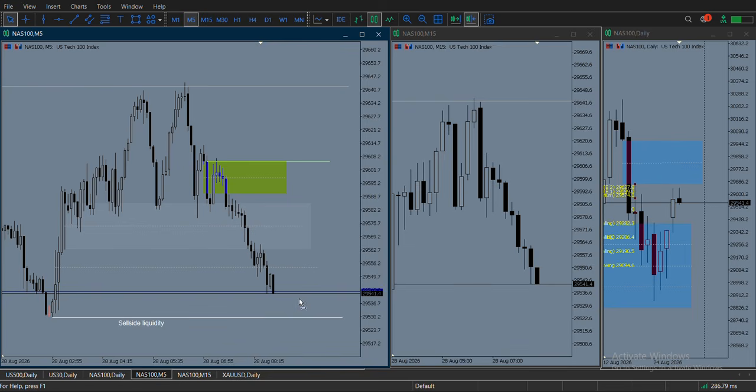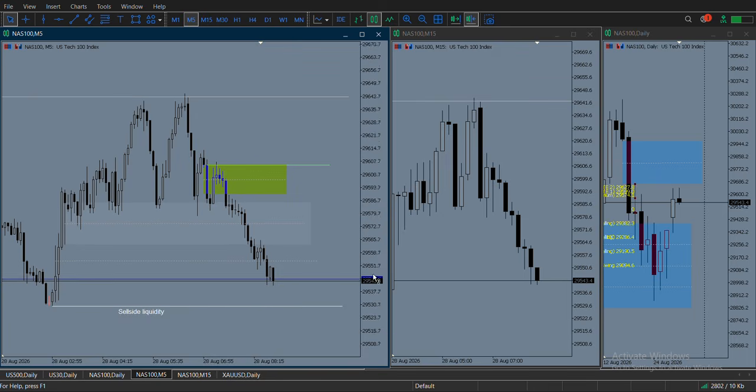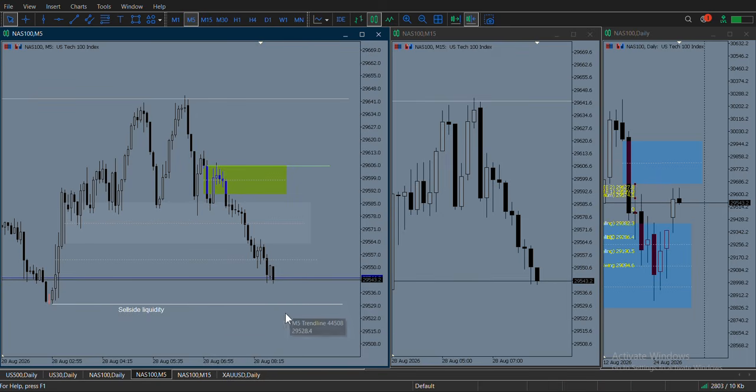And I think that's what it's likely to do. We might attack this sell side first and then trade higher and then attack it again and attack the low that is going to be formed below that sell side.